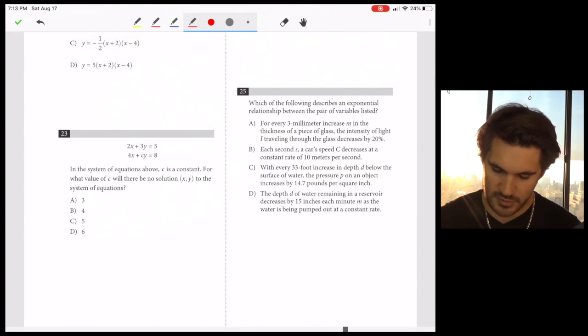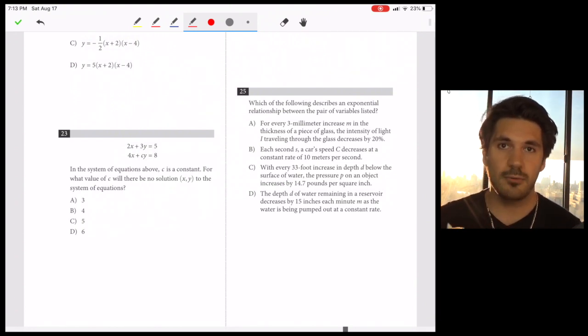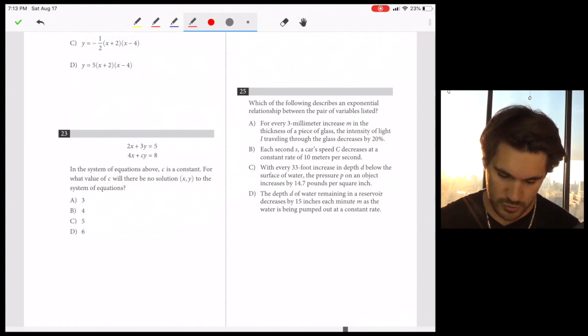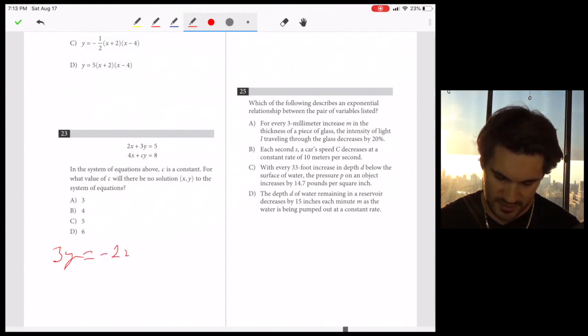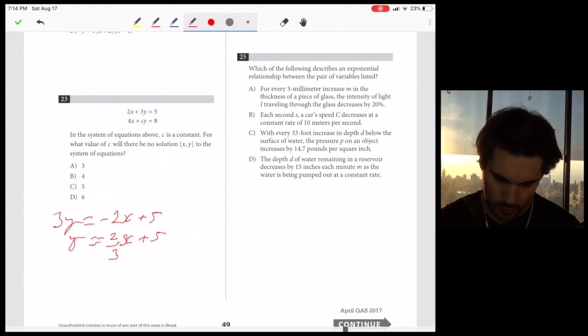So firstly, we're going to rearrange everything to make it y equals something. The first equation: 3y equals minus 2x plus 5. So y equals negative 2/3 x plus 5/3. The second equation is cy equals negative 4x plus 8.